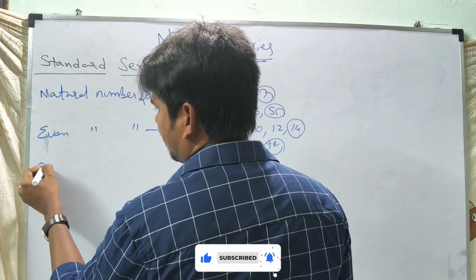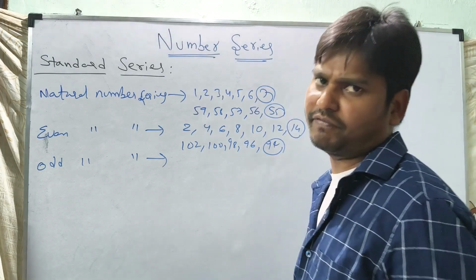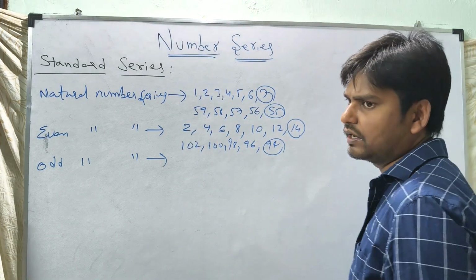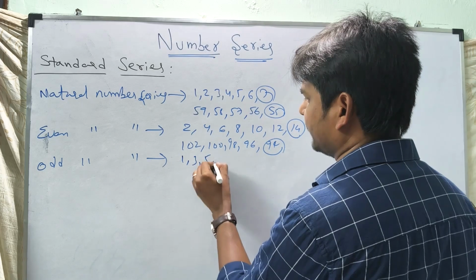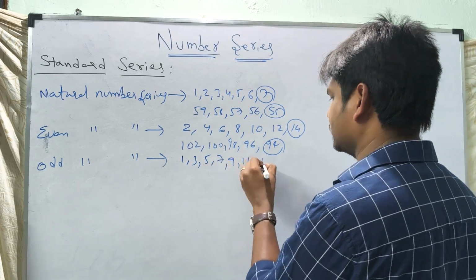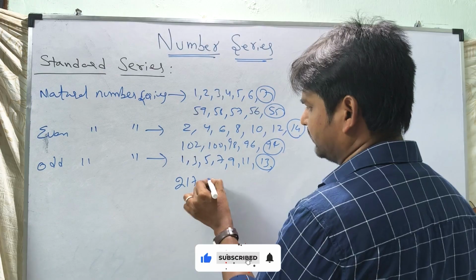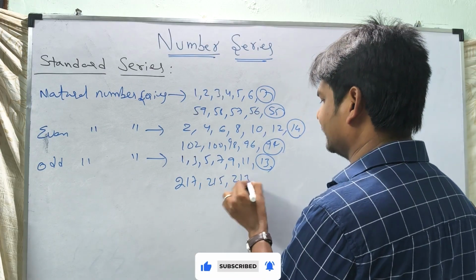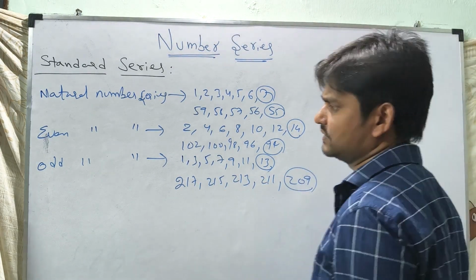Same as odd number series. Here, 1, 3, 5, 7, 9, 11. Next would be 13. Or else 217, 215, 213, 211. Next would be 209. Decreasing order.